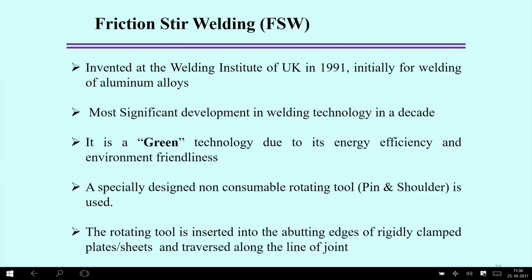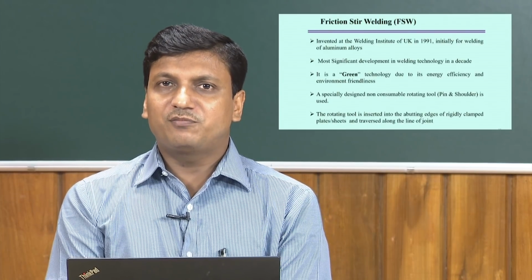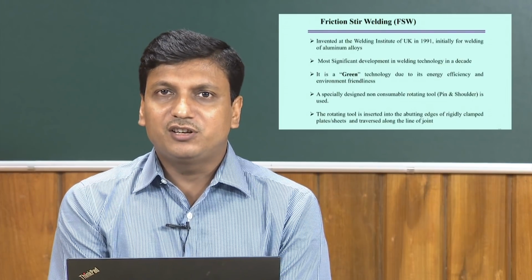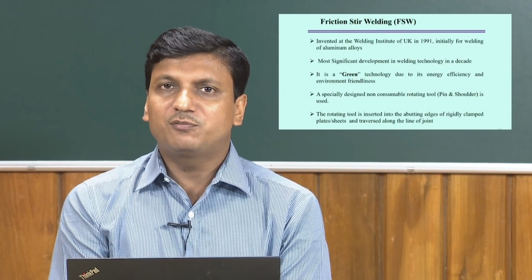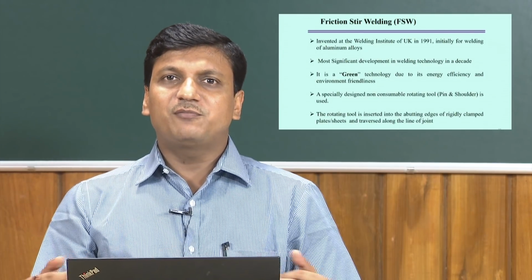It has so many advantages compared to the fusion welding process, specifically for dissimilar combinations of materials, and at the same time fusion welding also creates a lot of hazards and some environmental issues. In that respect, friction stir welding is a very clean process.